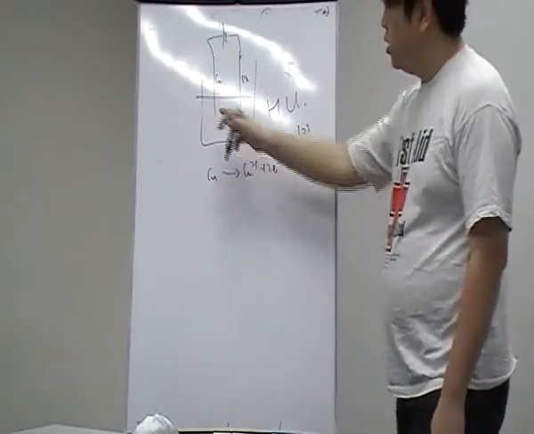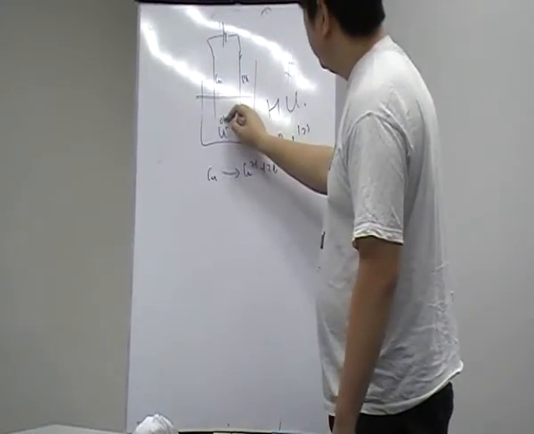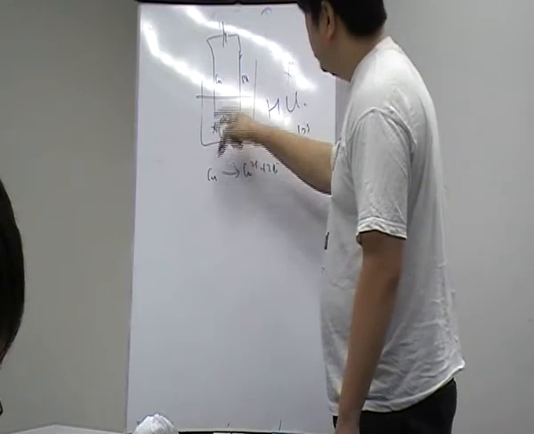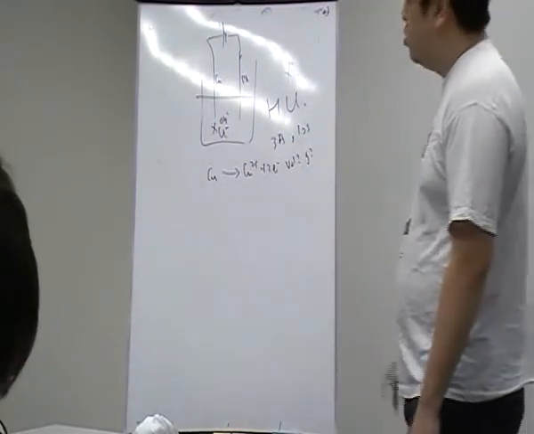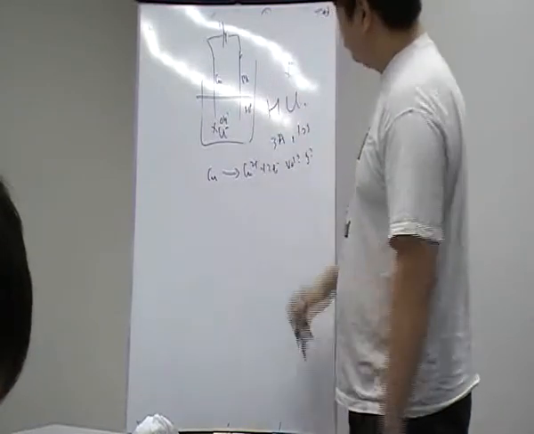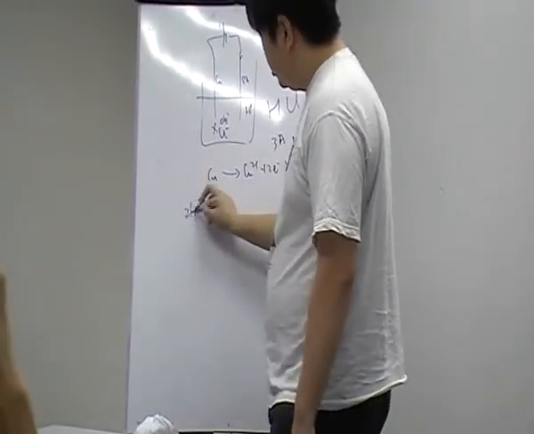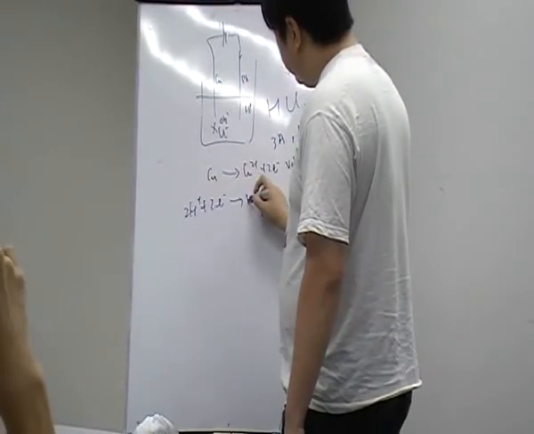The Cl minus or the OH minus will not come in here and get discharged. On this side, it is H plus, so certainly they only have H plus. So H plus plus 2 electrons gives you H2.